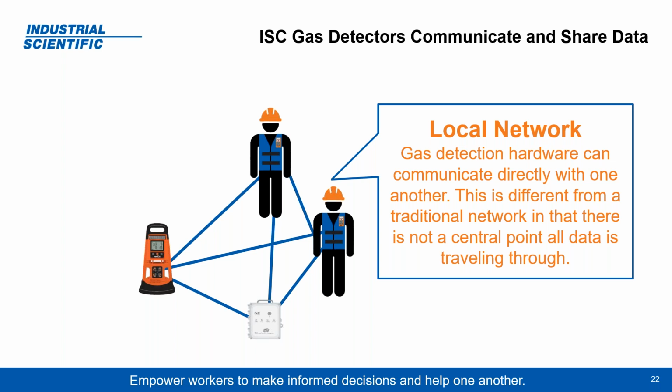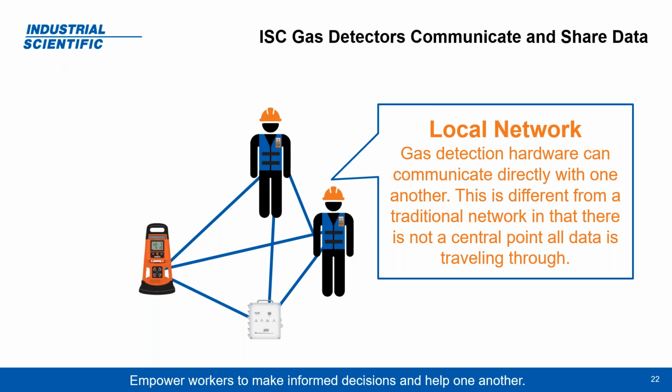If John has a Ventis Pro and he's in trouble and he hits a panic alarm and activates the panic alarm on his device, Bill, using a Ventis Pro in proximity to John, can get that alarm on his monitor. He can look at it. He can see that the alarm is coming from John. He can see the readings on John's monitor. He sees it's a panic.